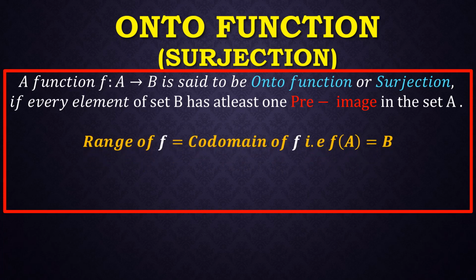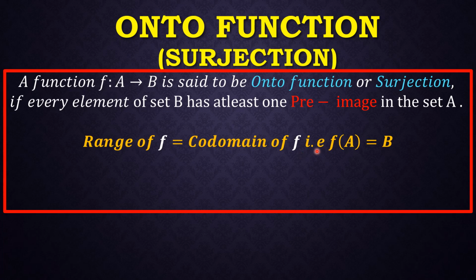That is, here we observe the range of that function is always a subset of the codomain set. In onto function, range of f is always equal to codomain of f.